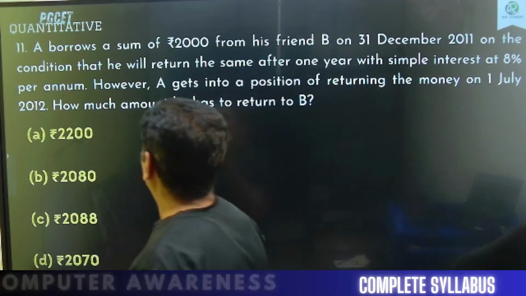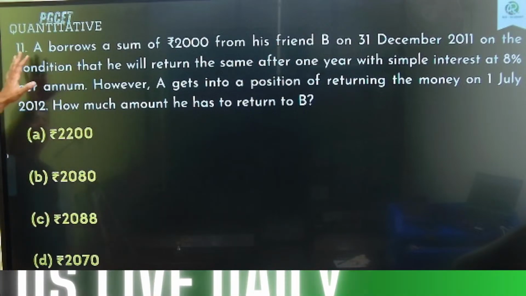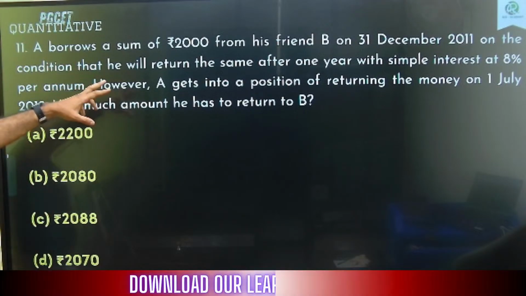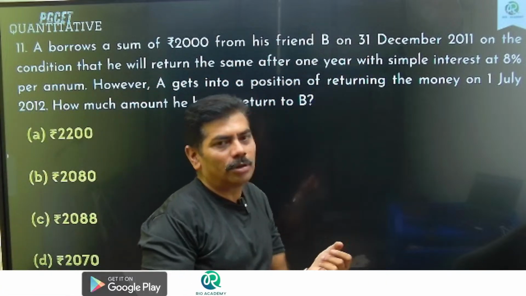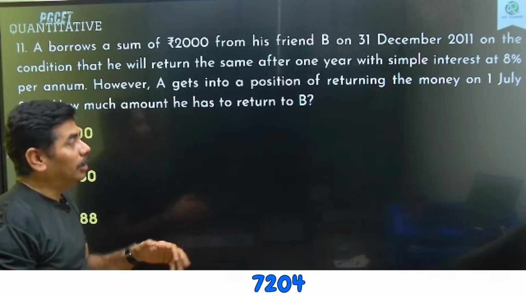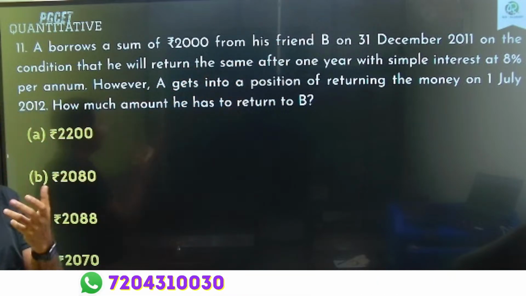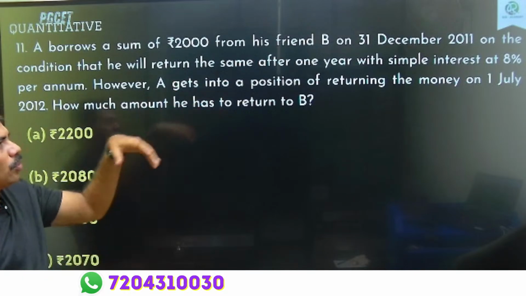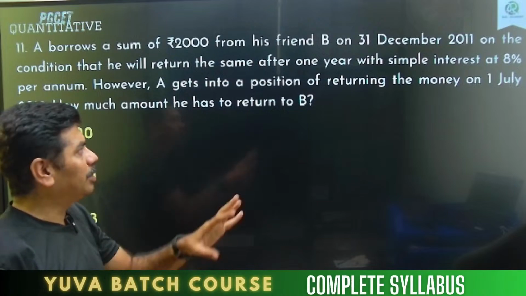A borrows a sum of, A is a person here, A borrows a sum of 2000 from his friend B on 31st December 2011. I will tell you why the date is significant. These dates will give you the time, so you should look at the dates. You should know from January to December how many months there are, that is the basic thing.